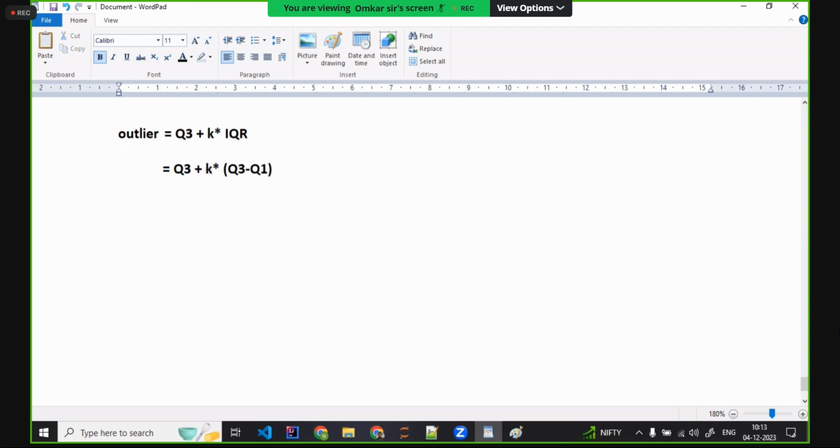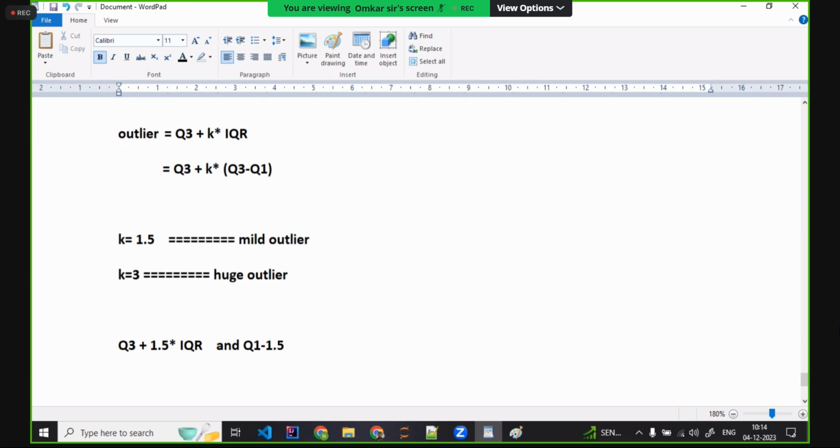Here, if K is equal to 1.5, then it is called a mild outlier. If K is equal to 3, it is a huge outlier. So the outlier formula for mild outliers is Q3 plus 1.5 into IQR and Q1 minus 1.5 into IQR.